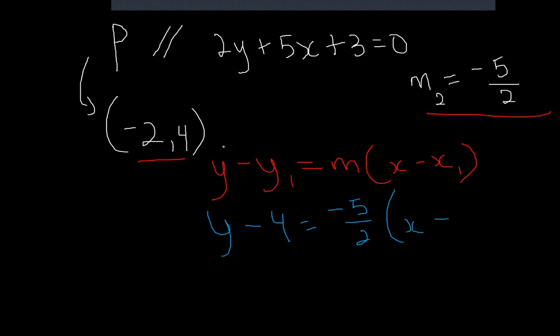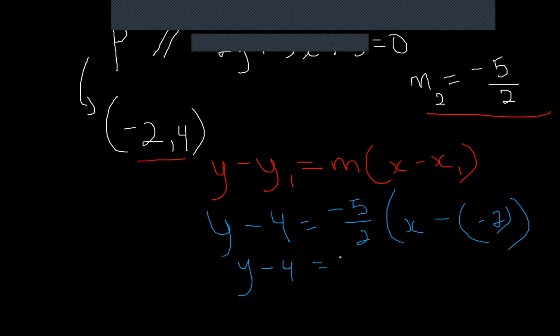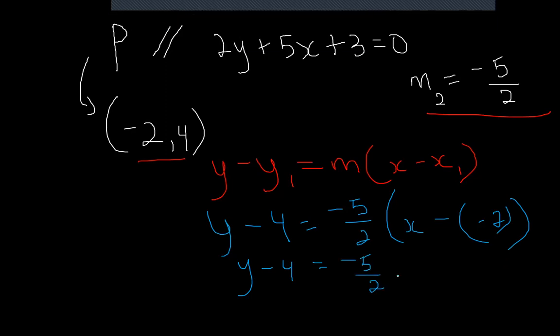Put back your x minus x1, that's minus 2. y minus 4 is equal to minus 5 on 2, and remember, minus and a minus is a plus, so now in brackets I have x plus 2.